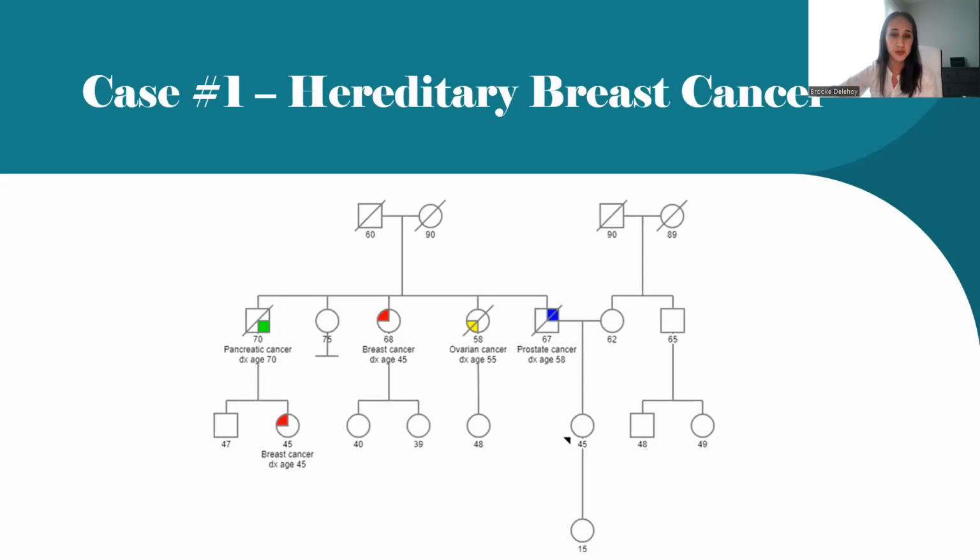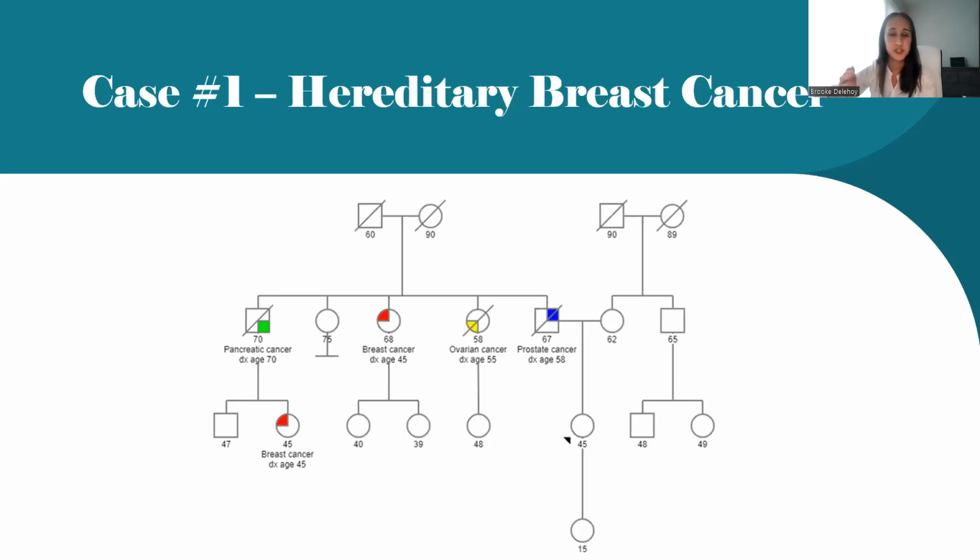Now you'll see toward the bottom, maybe a little right-hand side of that pedigree, there is a black arrow pointing to a circle. That is our patient who is referred to us. And this patient is a biological female, so she is represented as a circle on this pedigree. The squares are going to be her male relatives.